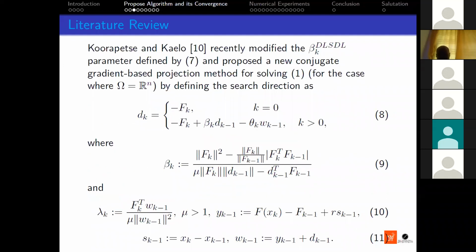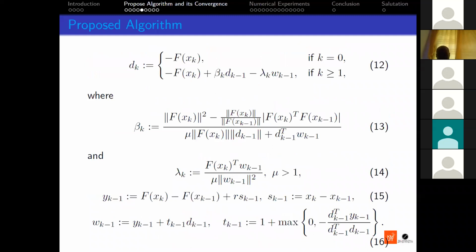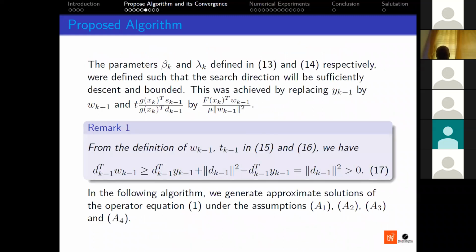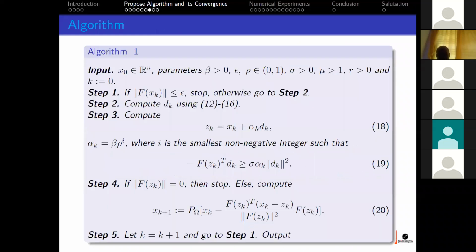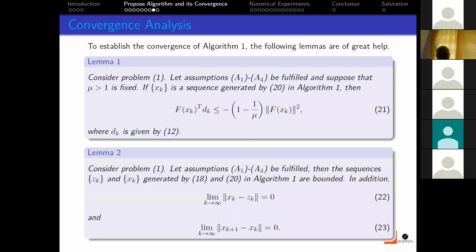Yes. I gave the summary here. The proofs are in the main work, but I give the summary. These are the lemmas. To establish the convergence of algorithm one, the following lemmas are of great importance. The first one is this lemma.